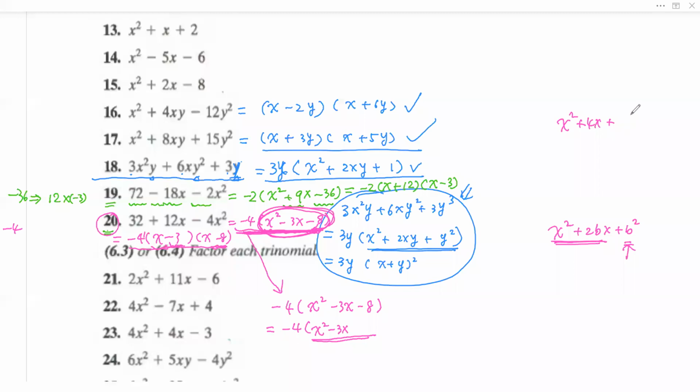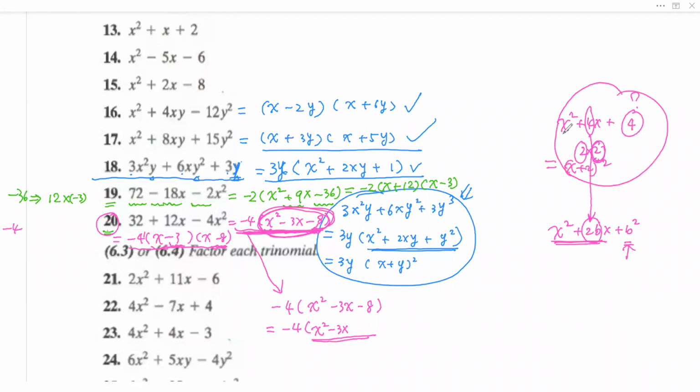This term is made of 2b, so b is 2, 2 times 2 here. So what is b squared? You take the 2 out, b is 2, so b squared would be 4. So this one could be x plus 2 squared.